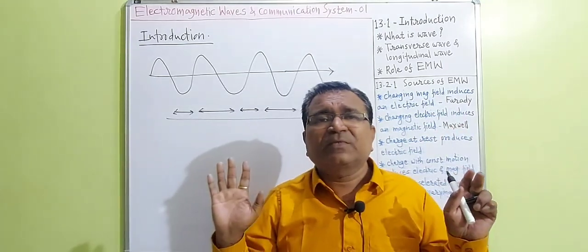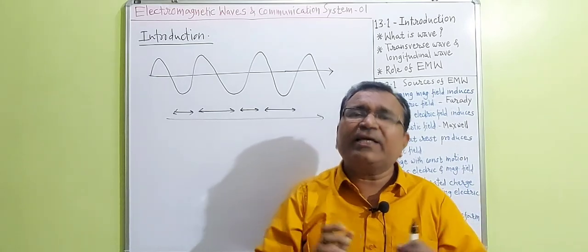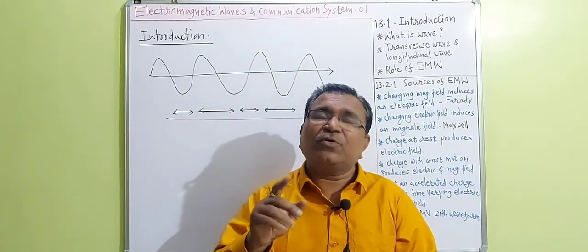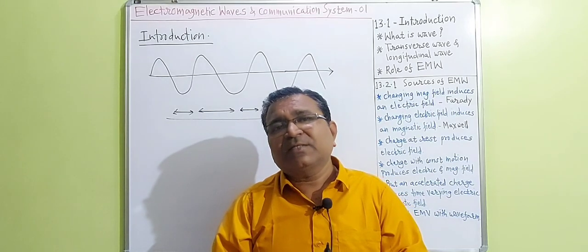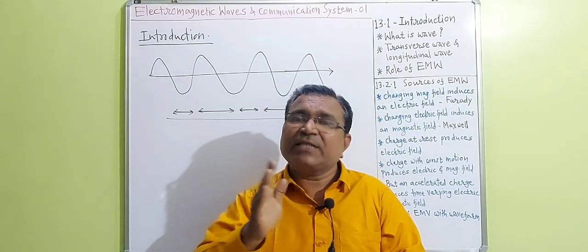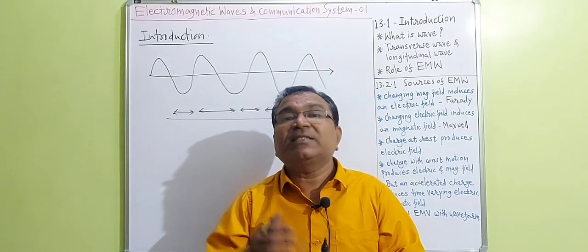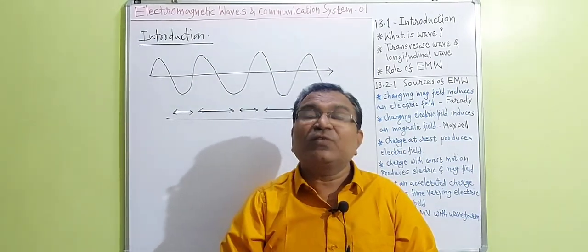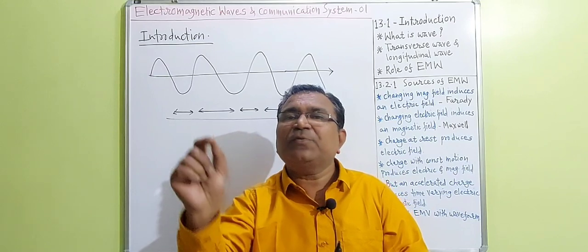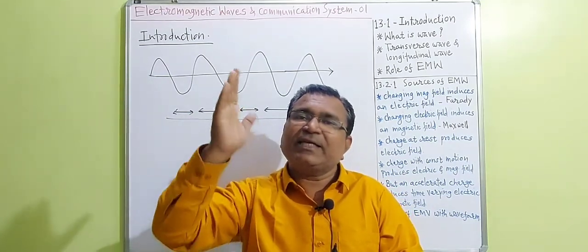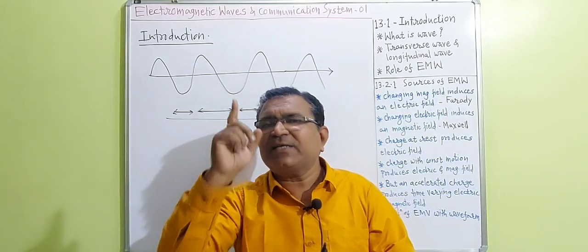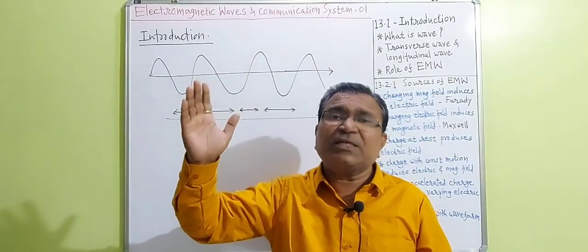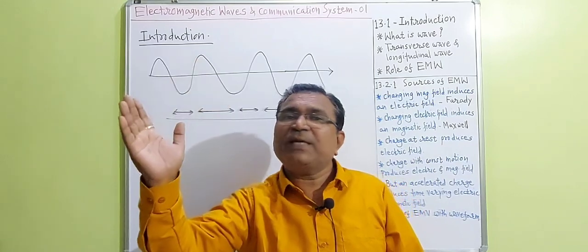Then we are globally connected to television, internet, cell phone or mobile, and all the signals travel from one place to another with the help of EMW, that is electromagnetic waves. So the electromagnetic wave, dear student, is a very responsible factor to transfer such signals from one place to another.